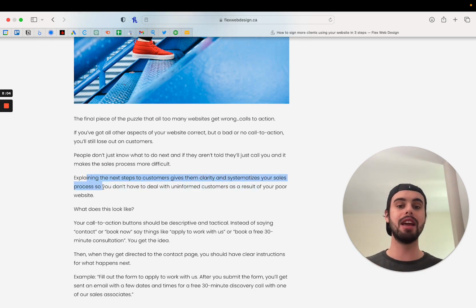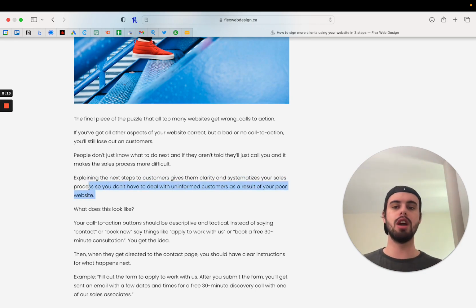So you're saving time, right, and effort. So you don't have to deal with uninformed customers as a result of your poor website, right? What happens when your customers are ill-informed, they don't have information on what happens next in the sales process, is you might have a consistent process in place, but if they don't know what that is, they might get thrown a curveball because you do things differently than other companies, right?